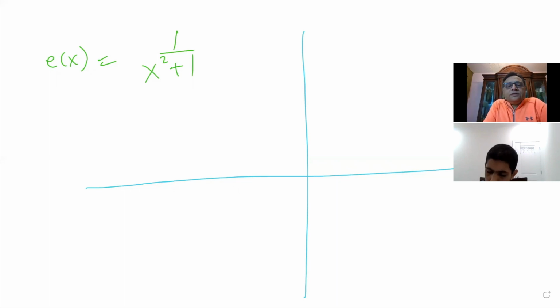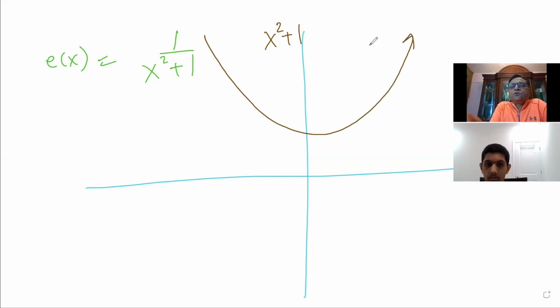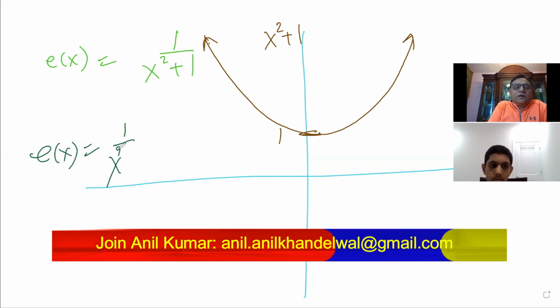So what we do here is, we will first sketch x squared plus 1. It's a parabola, very easy, right? So there you go. We have x squared plus 1, and we know the vertex is at 1, correct? Now, we will sketch the function e of x, which is 1 over x squared plus 1.